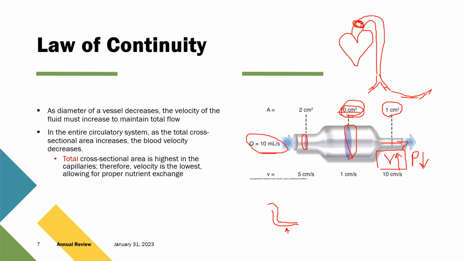But beyond those arterioles, then we go into the capillaries, and the capillaries are little teeny tiny vessels that really only allow about one red blood cell through at a time. This is not an area we want high velocities. This capillary is where our blood oxygen exchange, or our gases and our wastes, are going to cross that permeable membrane of the capillary. So we want it to be kind of a low, slow flow so that there's time for that exchange to occur.